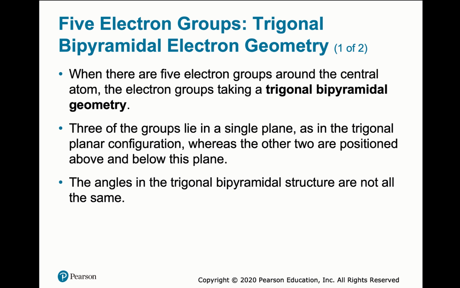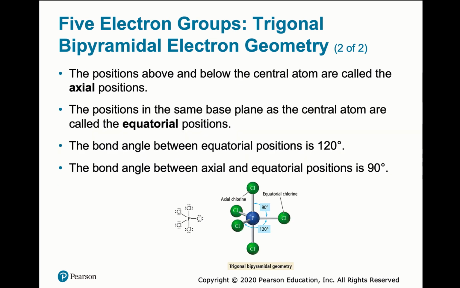This is trigonal bipyramidal. It's kind of like a planar part, a trigonal planar part, and then above and below the plane, there are 2 pyramids, bipyramids. Showing these pictures here, the above and below is known as the axial, and then you have the equatorial positions.